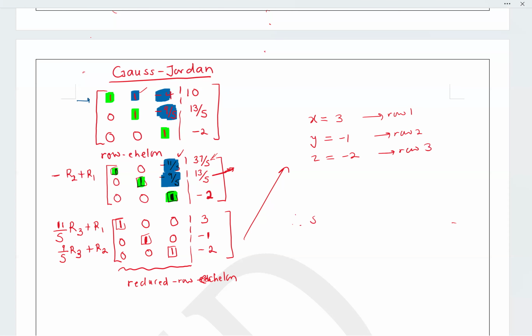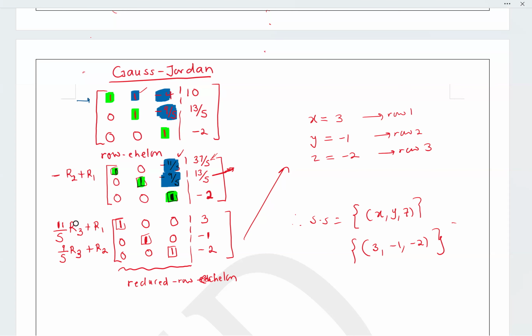So it means, what is the solution? The solution is simply X, Y, Z. It's only one solution. And that is what? 3, minus 1, minus 2. And you can see that this is the same solution we got when we used Gaussian elimination.